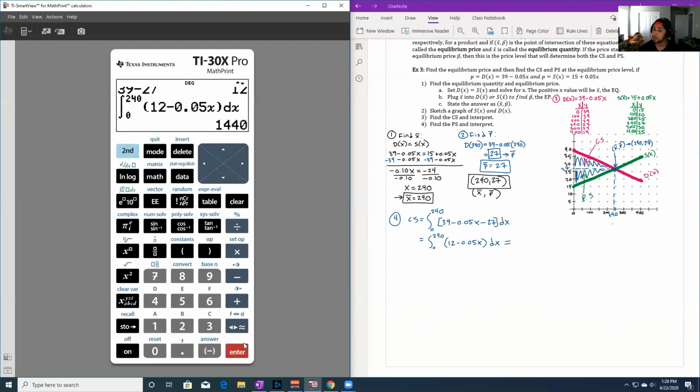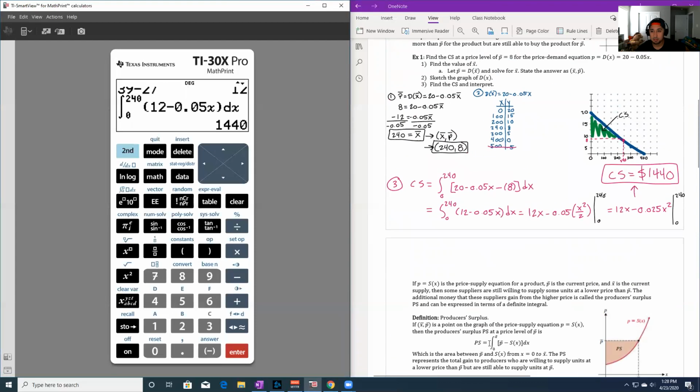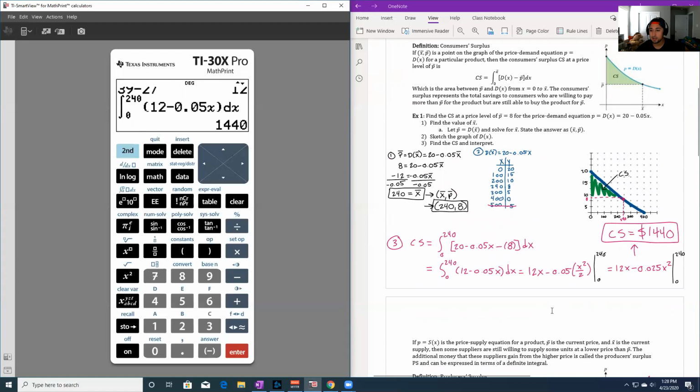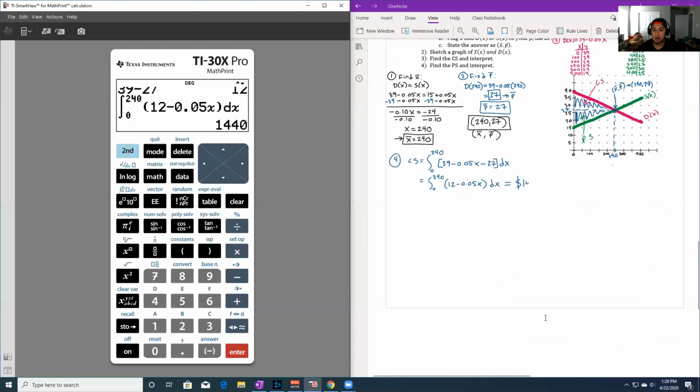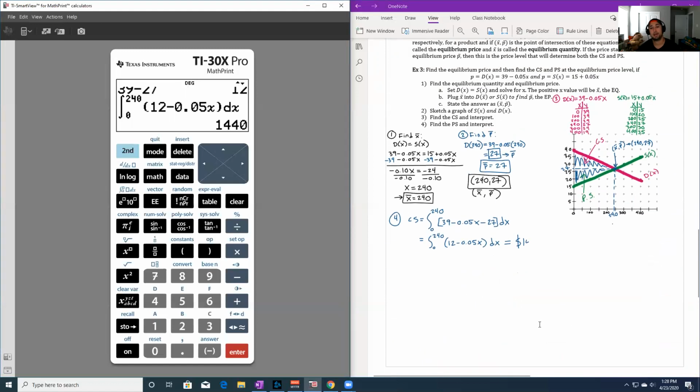We get 1440. This is the consumer surplus, right? This is what consumers will save. All right. Was that exactly like the first problem? Oh, close. Weird how we get the same numbers. It still became 12. Oh, super weird.